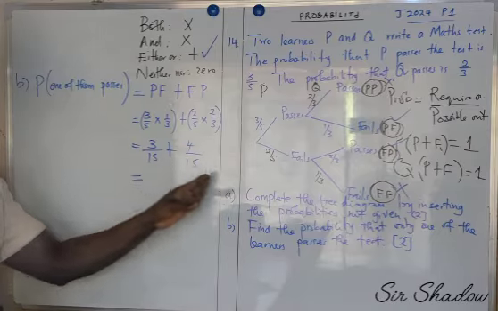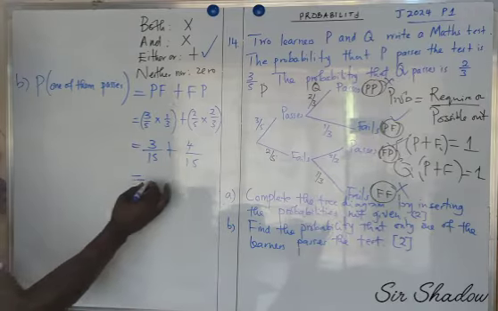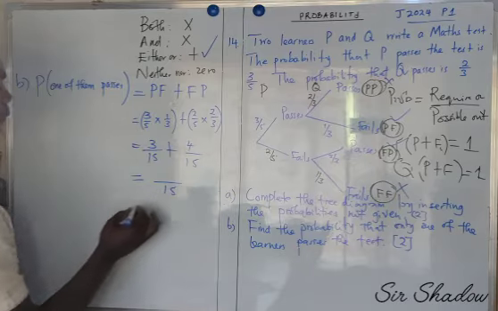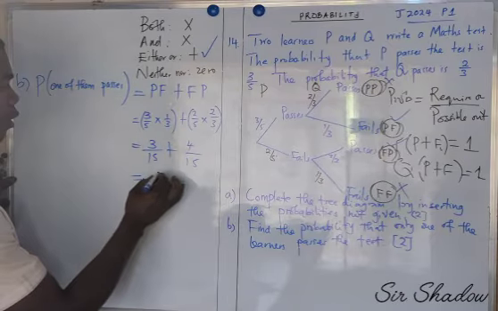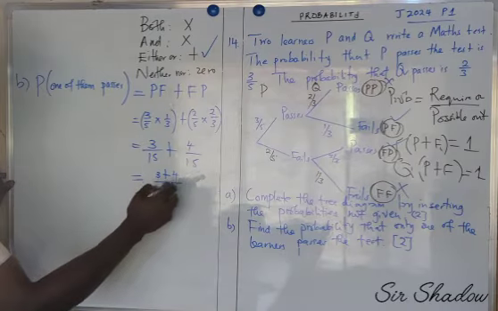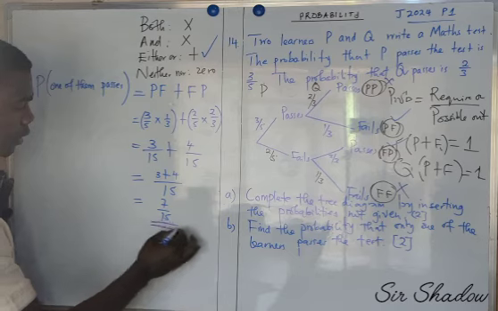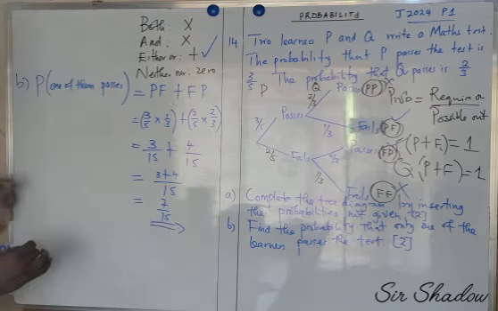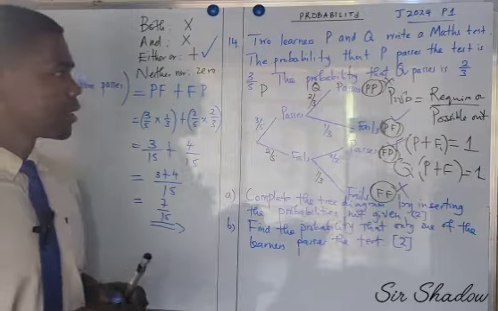They have the same denominator, so we maintain the denominator 15 and add the numerators 3 plus 4. We get 7 over 15. This is the probability that one of them passes the test.